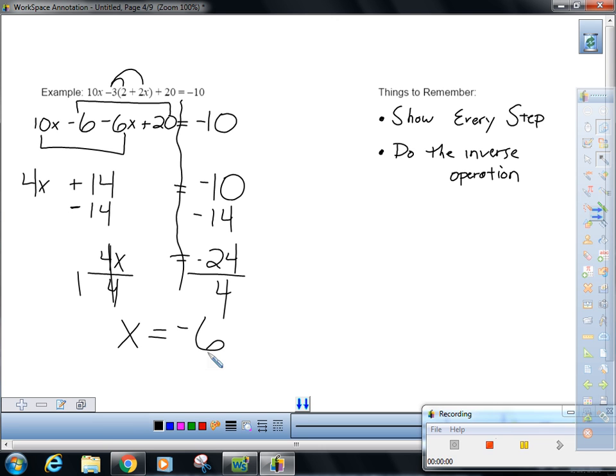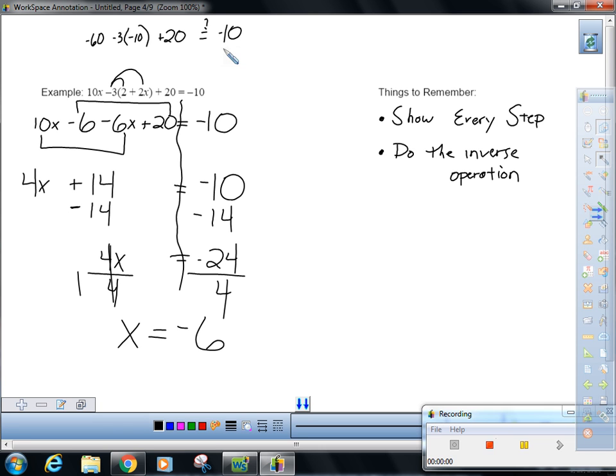Let's check my answer to see if that's right. You got a negative 60 minus 3 times, let's see, negative 12 plus 2 is a negative 10. Plus 20, and does that equal negative 10?